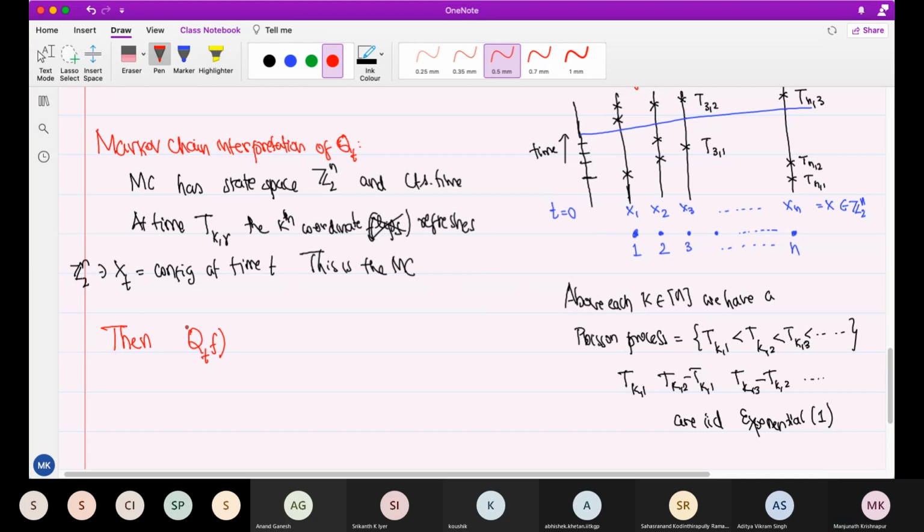Q_t f of x is nothing but E_x f of x_t. Okay, so let's understand what this means. This means that you start with x.